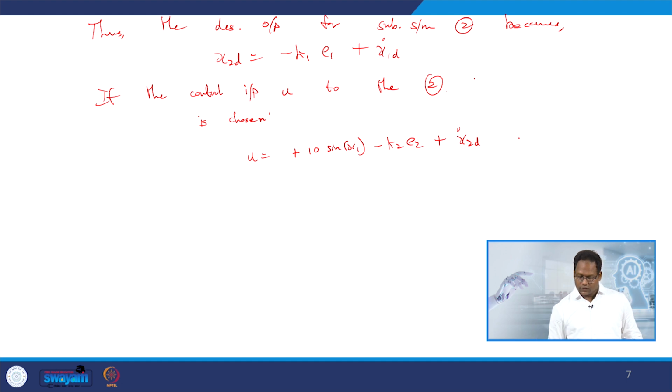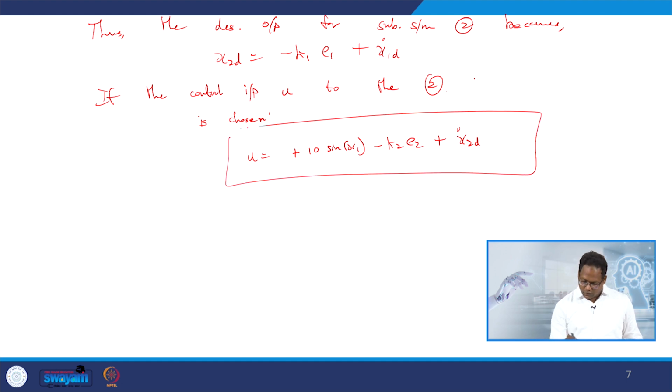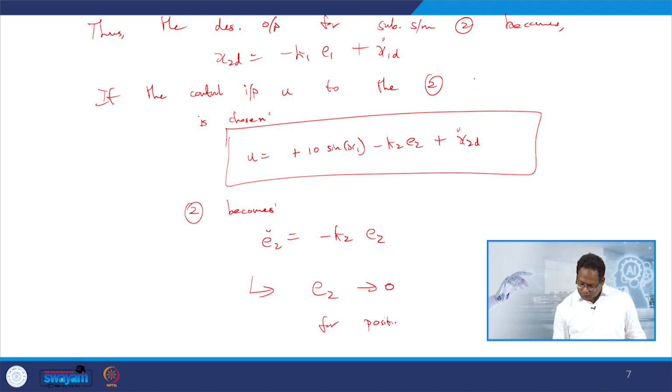If we choose this as the control input for the second subsystem given by equation 2, then equation 2 becomes, the second subsystem becomes E2 dot equal to minus k2 E2, which again implies that E2 tends to 0 for positive k2, that is k2 greater than 0 values.